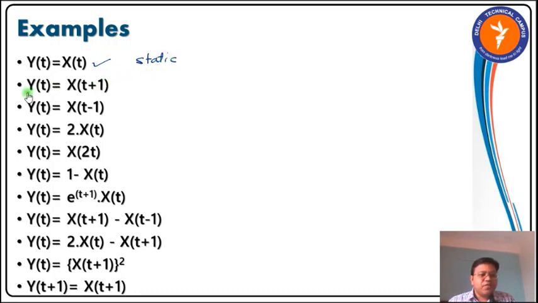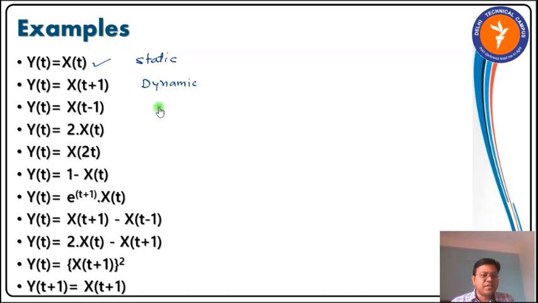Similarly, in this we can see the output is dependent on input, but the input is time shifted. It is delayed in time, advanced in time, so we will call this system a dynamic system.